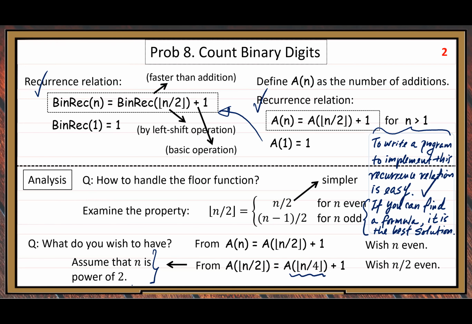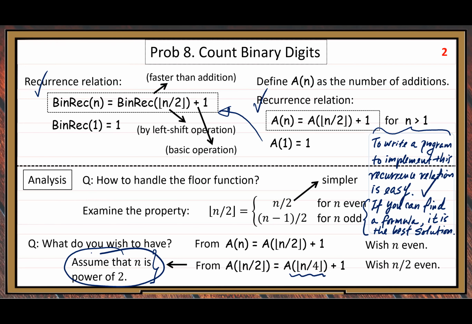Look at this: we make this big assumption, assume that n is a power of 2. Then all floor functions are gone. Then we simplify the given problem significantly. No uncertainty, right?